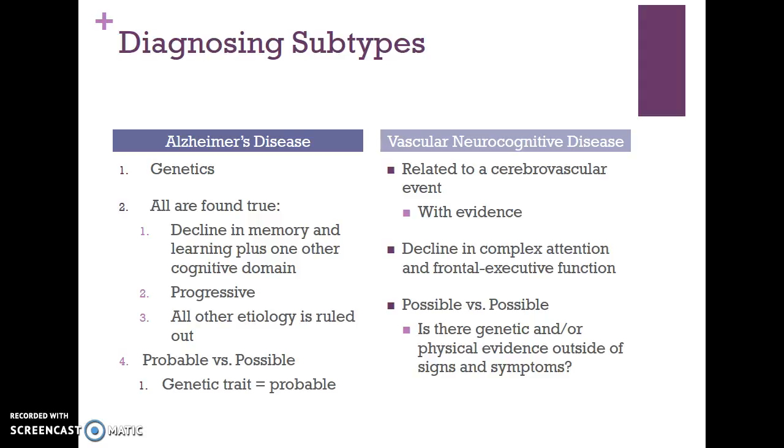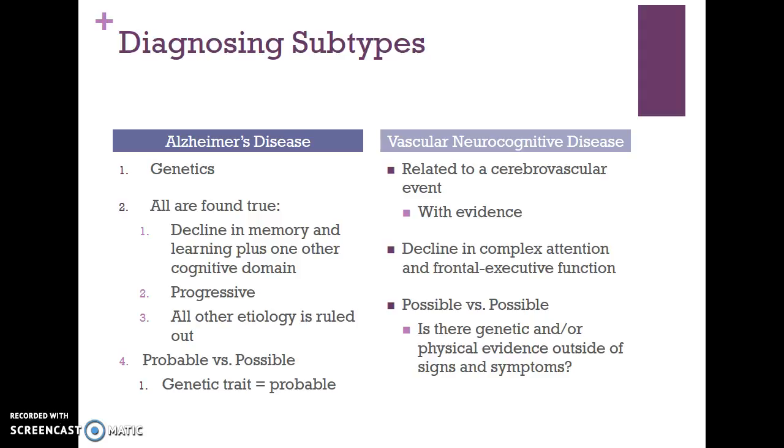This could even just be a physician who had worked with the client before the stroke and then worked with them afterwards and had observed a change in their signs and symptoms or their cognitive function. In terms of the cognitive domain that needs to be affected, there needs to be a decline in complex attention and also the frontal executive function. So this would be more your processing of information.